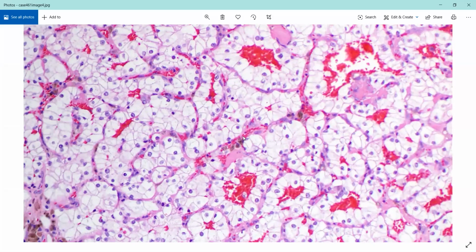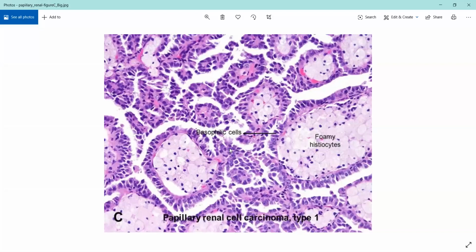Okay, now coming to the next type. Next type is papillary type of tumors. Papillary type of tumors look like this. These are papillary type of renal cell carcinoma. This will occur in 15% of patients. Now, as you can see, these tumor cells are arranged in a papillary manner.